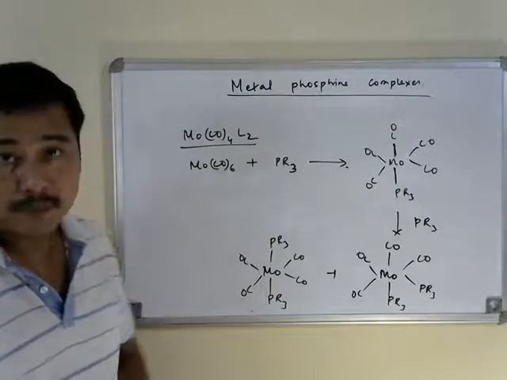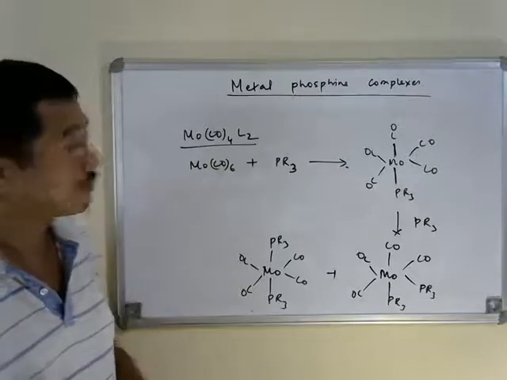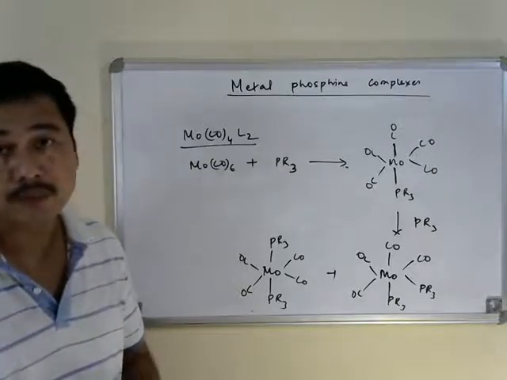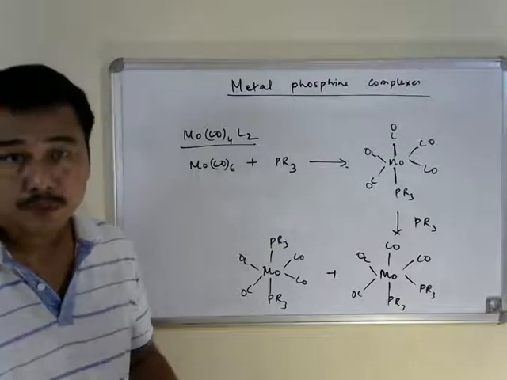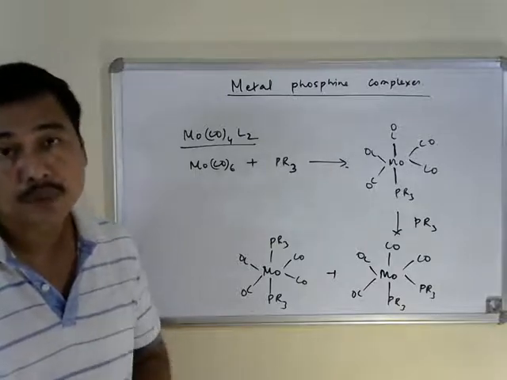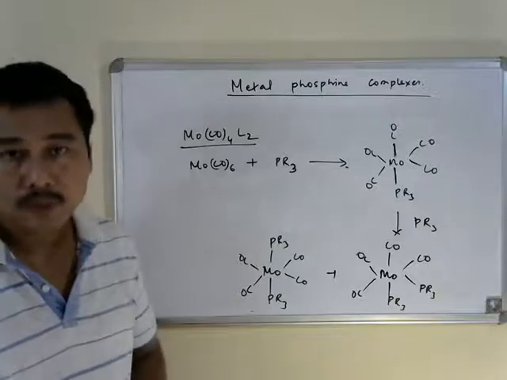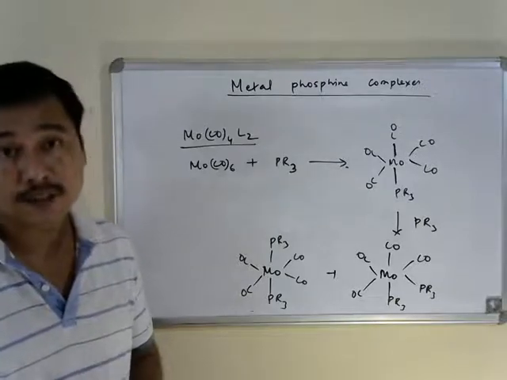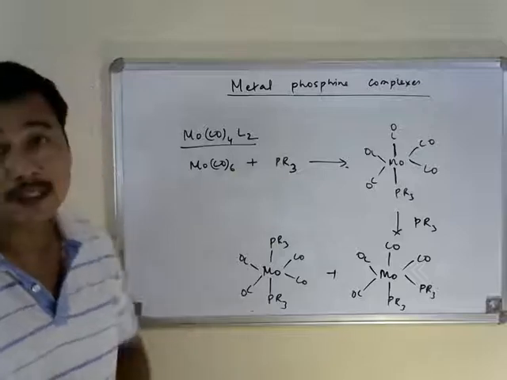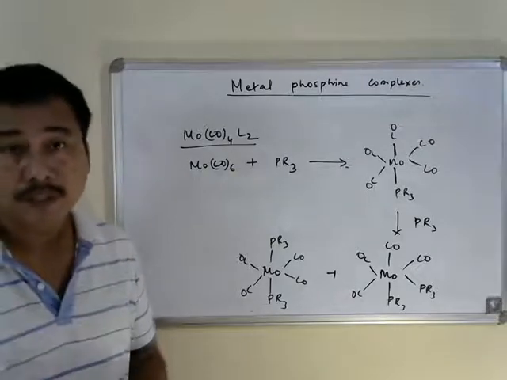So this essentially brings us to the end of this lecture. We have discussed metal phosphine chemistry. We have discussed phosphine complexes which are used as catalysts, and we have also discussed commonly used metal phosphine ligands, and the bonding of phosphine ligand with metals.